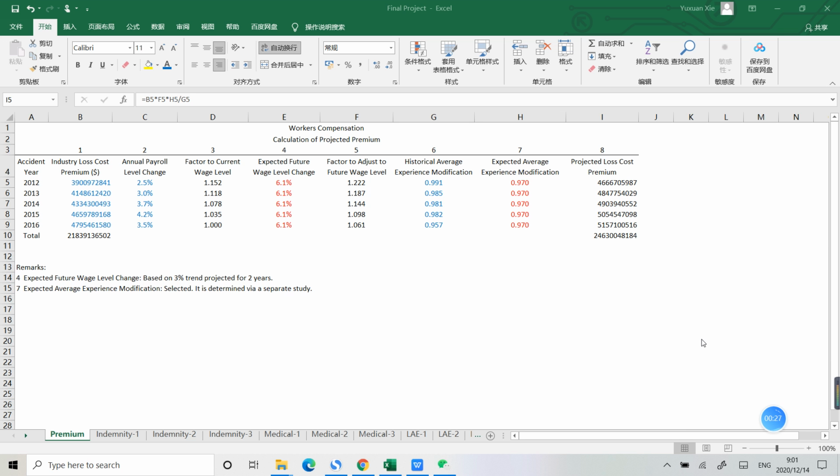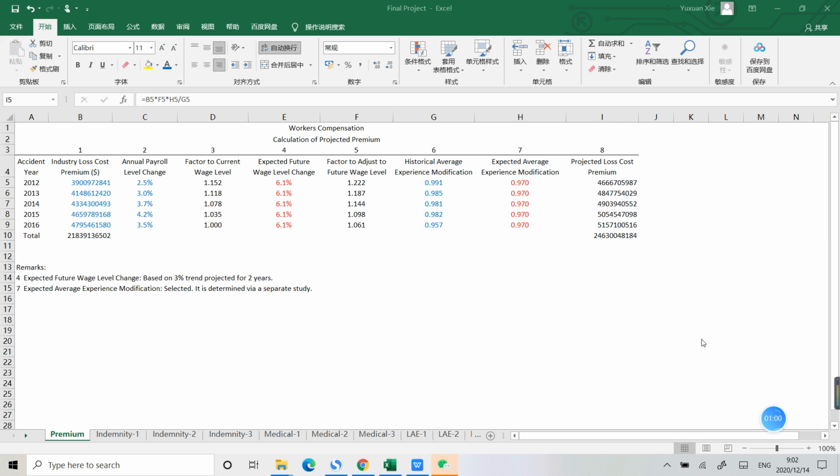What we should calculate is column 3, column 5, and column 8. Column 3 is the factor to current wage level, and it converts the annual change into cumulative factors, such that the factor for the most recent accident year period is indexed to 1.